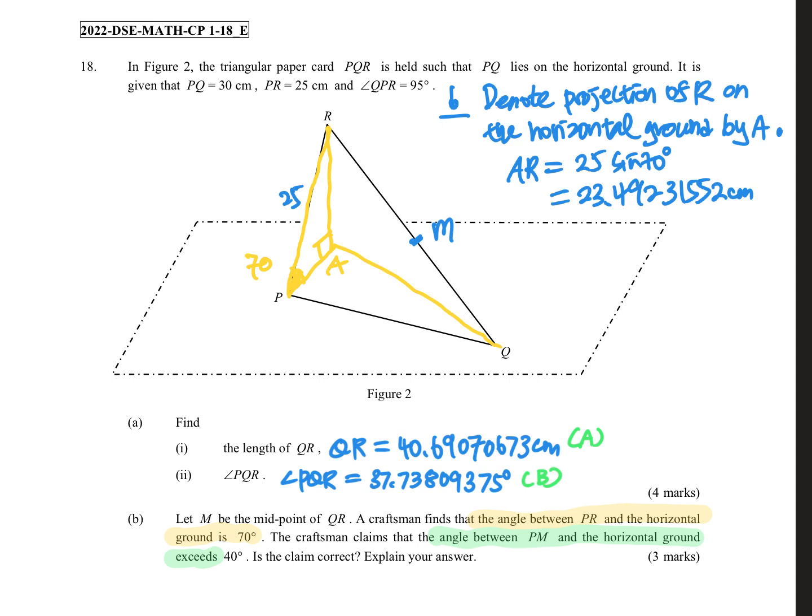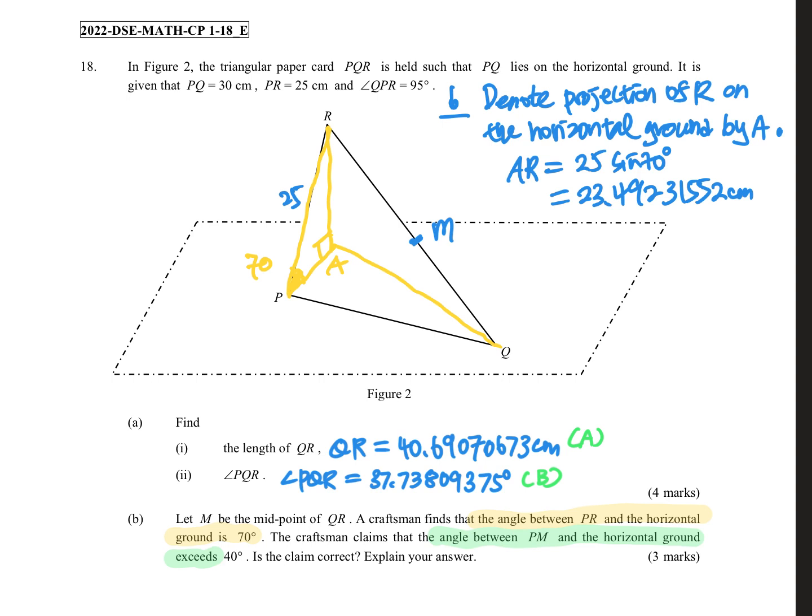And then similarly, we can find AP, but is it necessary? Anyway, after that we can also find QM. QM will be QR divided by 2.